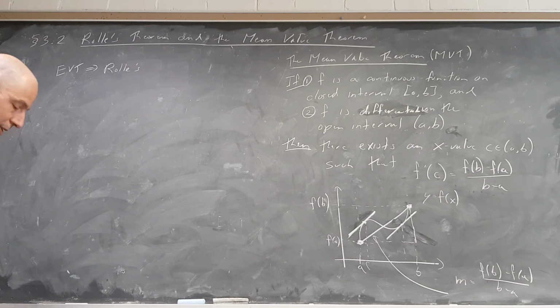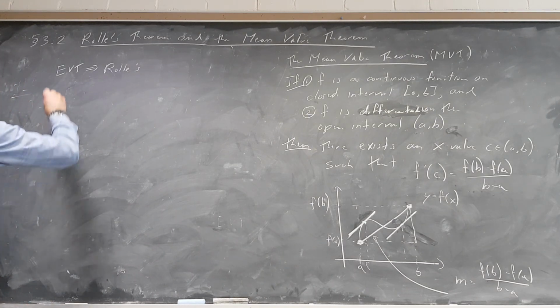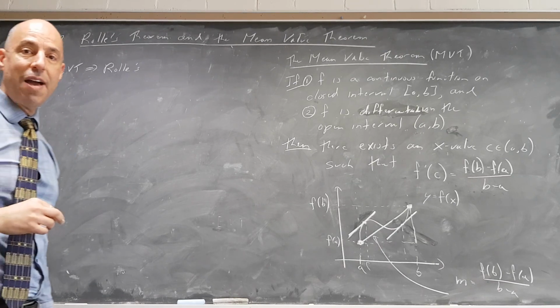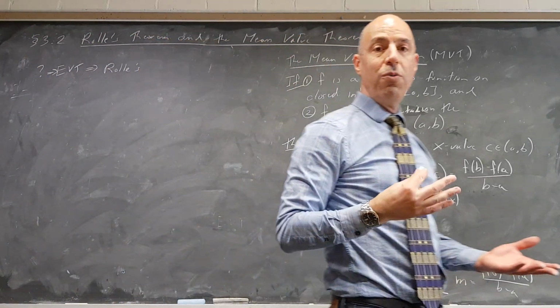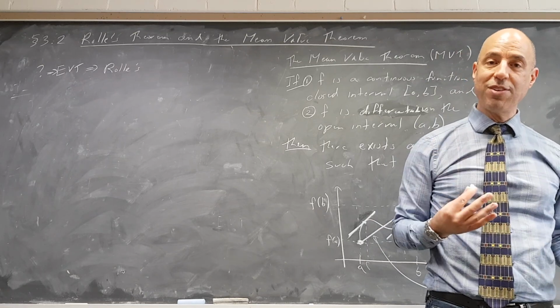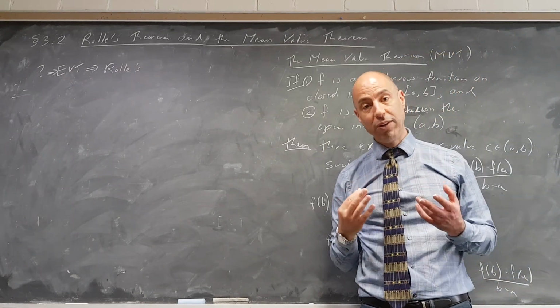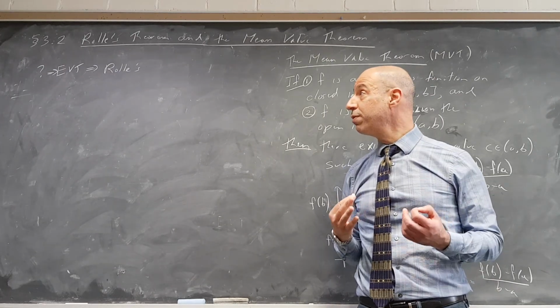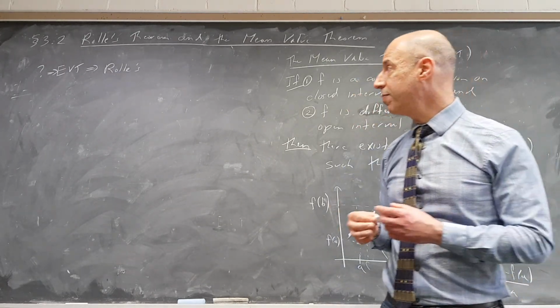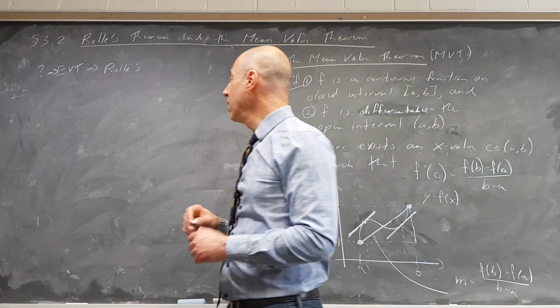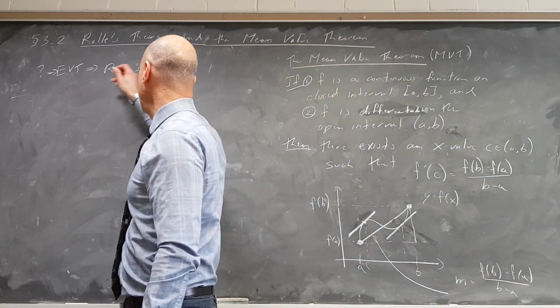If you recall, when we did the extreme value theorem, we didn't prove it. We have no idea how to prove the extreme value theorem. If you want to prove it, you'll have to take some more math courses, and eventually we'll learn enough about the real numbers to be able to prove it. But in this course, it's a little bit beyond our scope at the moment. So we use the extreme value theorem to prove Rolle's theorem.